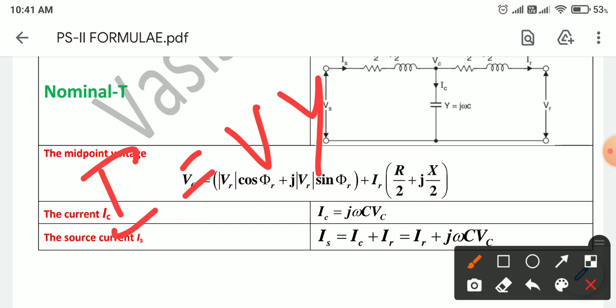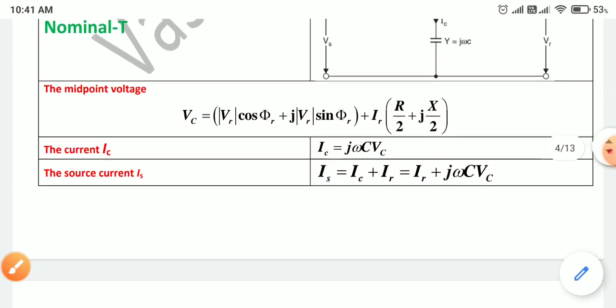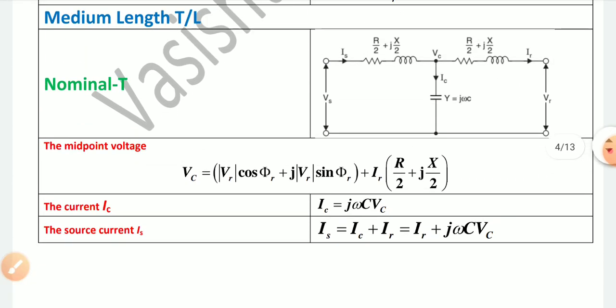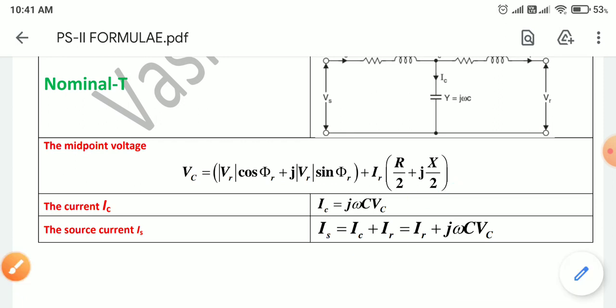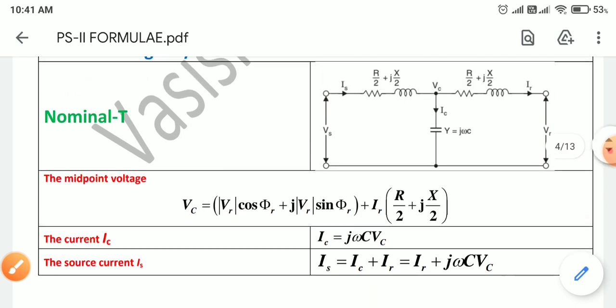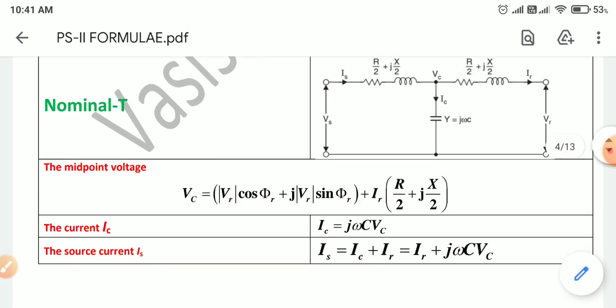Therefore IC equals Vc times Y, that is IC equals j omega C into Vc. The source current is given by applying KCL at this node: Is equals IC plus IR. IC is given by this formula, and IR can be calculated as mentioned previously, P by root 3 VR cos phi r.